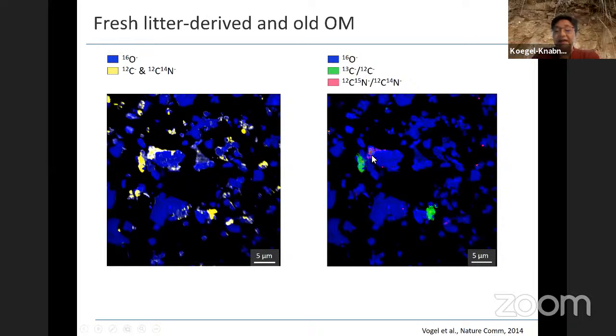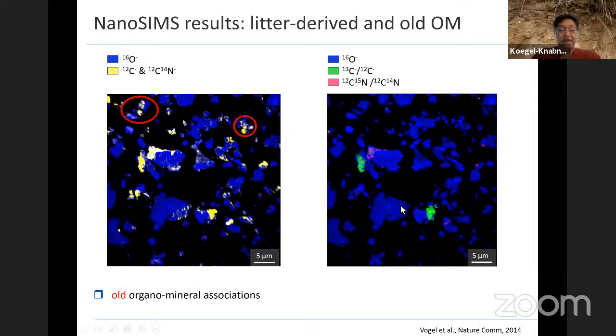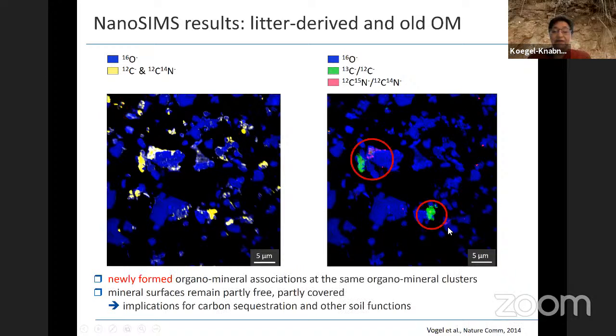So we see that these materials accumulate also in a very heterogeneous manner. So we have the old organic matter associations, like here, and we have the newly formed organo-mineral clusters. Still, the mineral surfaces remain partly free and only partly covered.